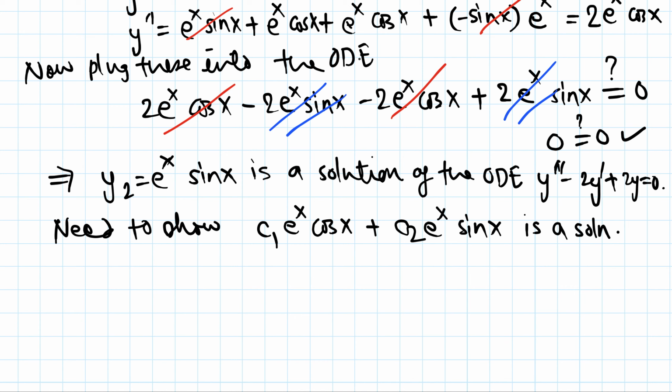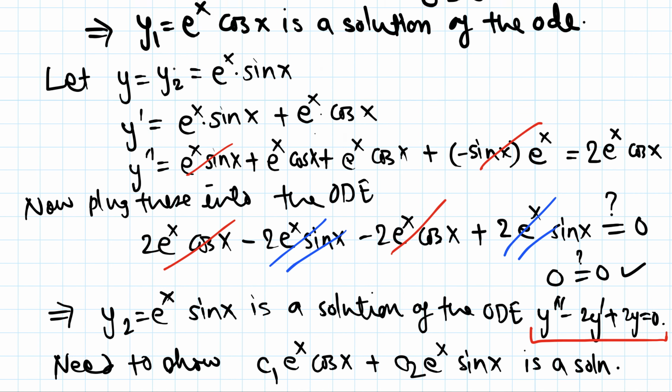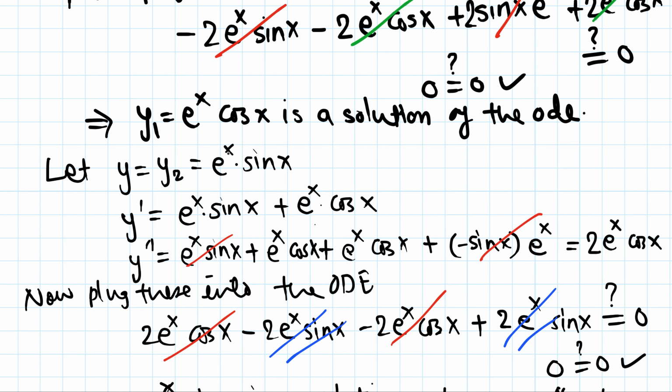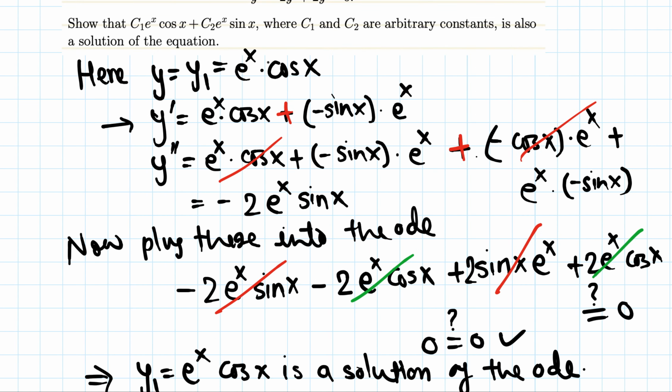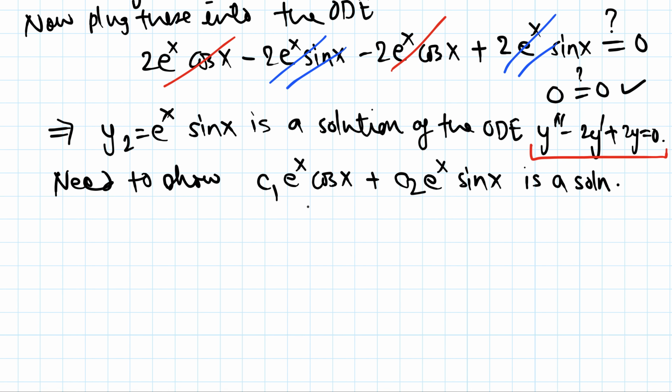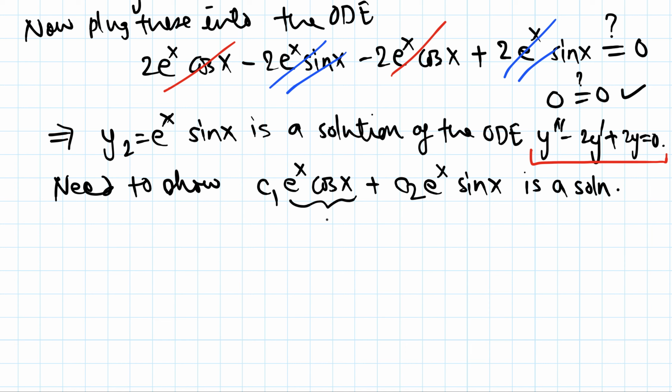Okay, the ODE, the differential equation I wrote here. So we want to show this one, but we already labeled the name e to the x cosine x. That's the solution we saw here. We call that y1. So I'm going to write this as, okay, this is y1 essentially, this is y2, so that our work becomes neat.